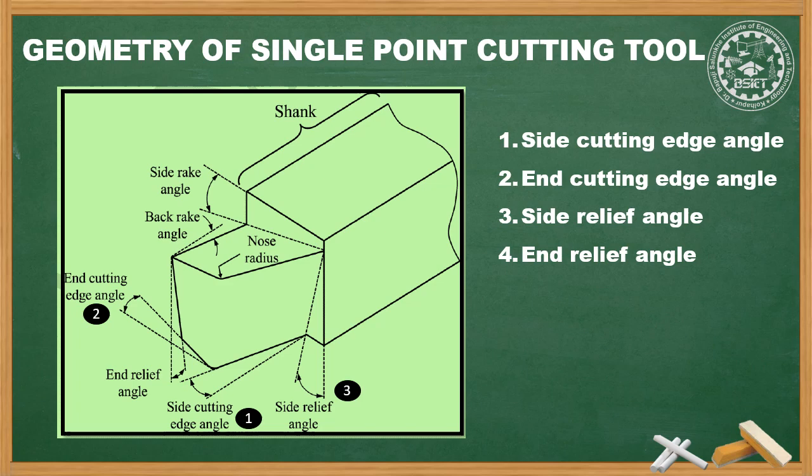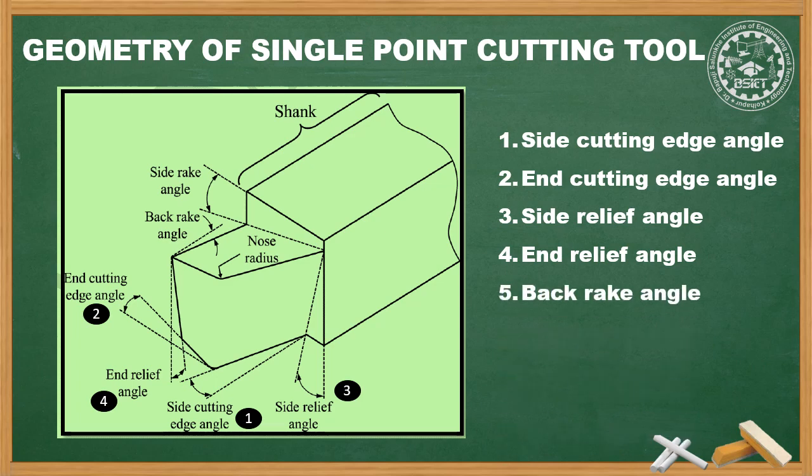Fourth, end relief angle. The angle between the portion of end flank immediately below the end cutting edge and a line perpendicular to the base of tool. It is the angle that allows the tool to cut without rubbing on the workpiece.